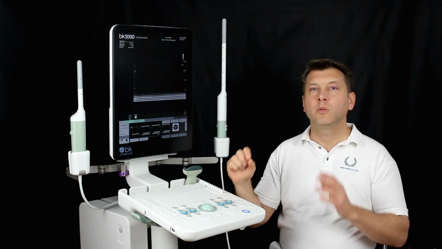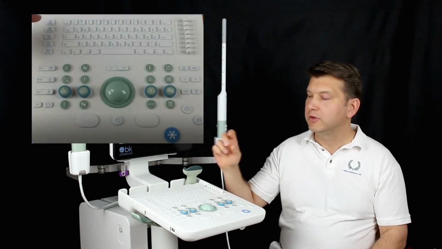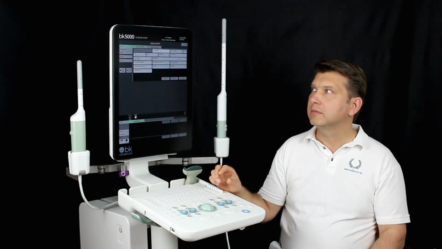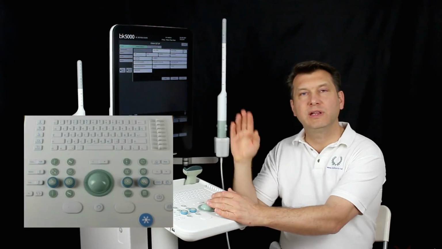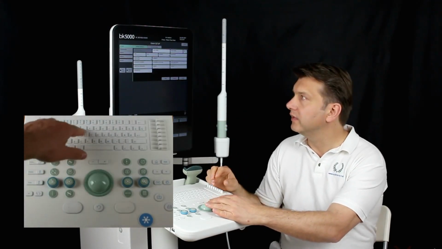As always, we start with the mandatory input of the patient ID. We fill in these values and press on Next.